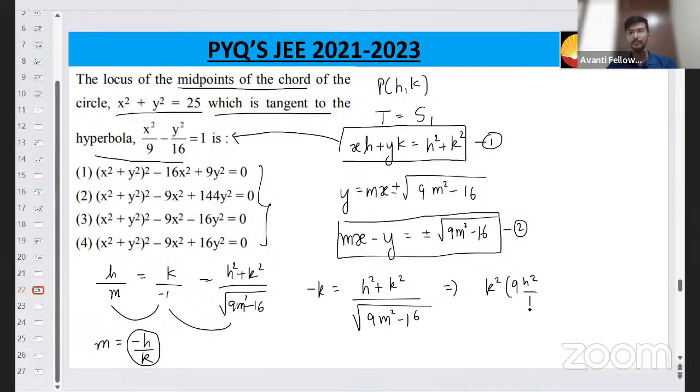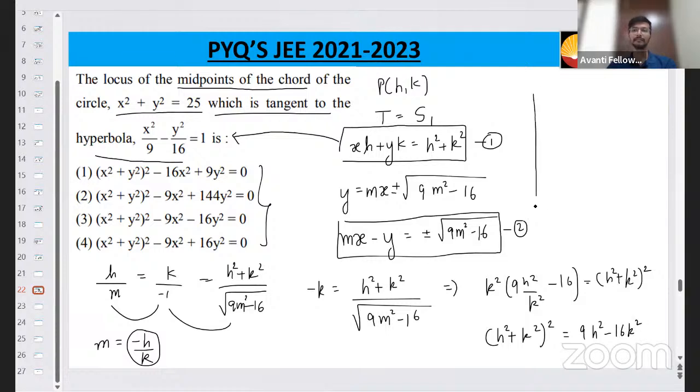So k square into (9h square by k square minus 16) equals (h square plus k square) the whole square. If we take LCM, k square and k square will get cancelled. So we'll get (h square plus k square) the whole square equals 9h square minus 16k square. And ultimately, we bring everything to the left hand side, and lastly we have to replace h and k with x and y.